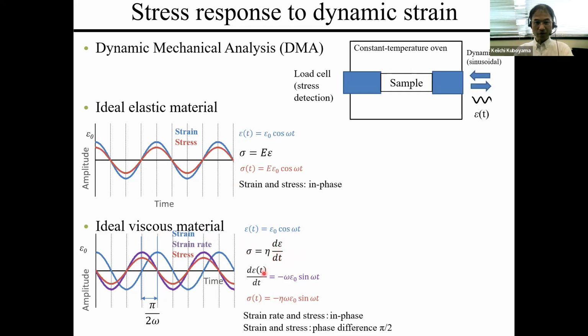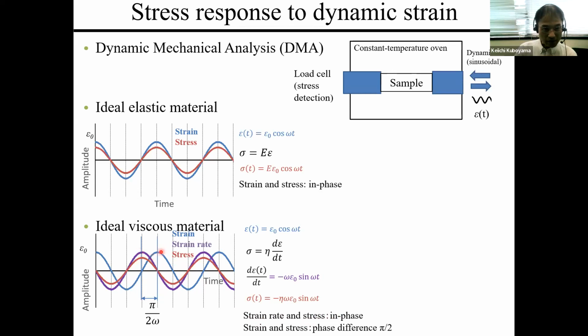The strain rate is represented by this sine wave, and this one is the cosine wave. So the strain and stress are not in phase. The phase difference becomes half pi. Okay? And the strain rate and the stress are in phase.